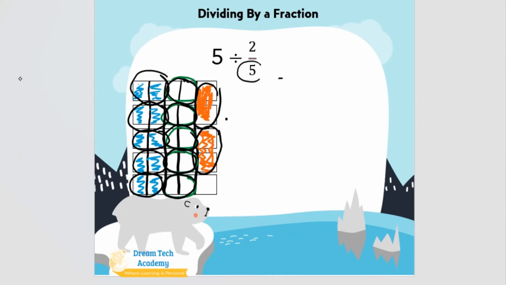So I can get 12 pieces, 12 2/5 out of 5 wholes. I do see that I have one piece left over, so that will be 12 and 1/5 left over. But for this example, 12 2/5 is what I can pull from 5 wholes. Okay, let's try another one.